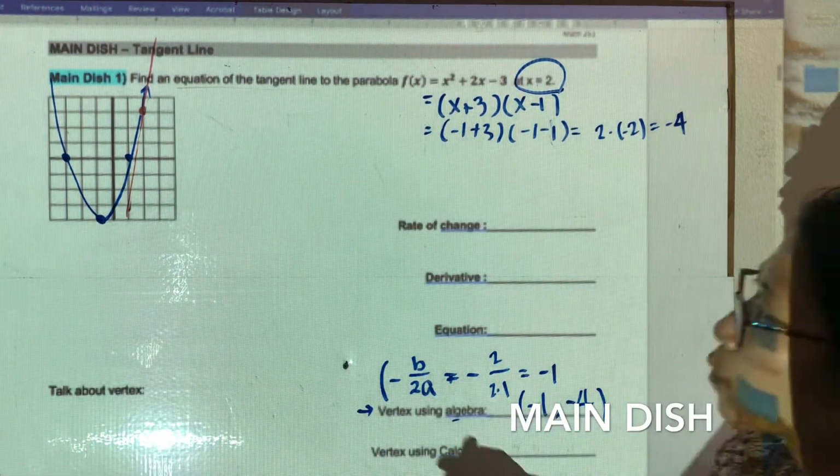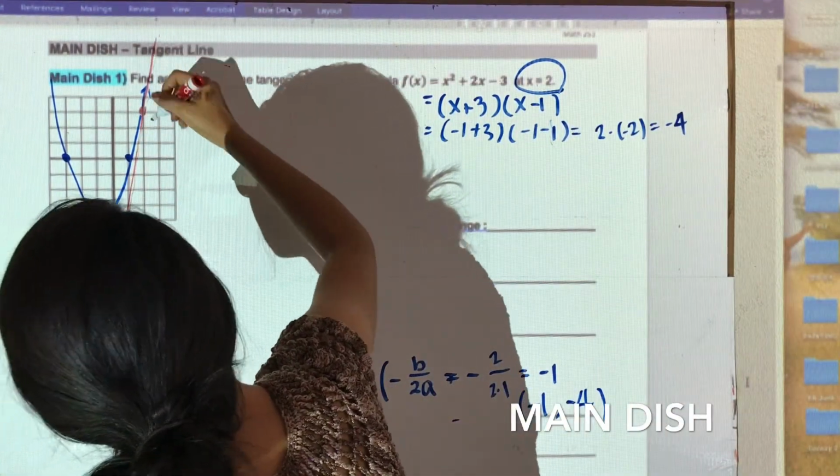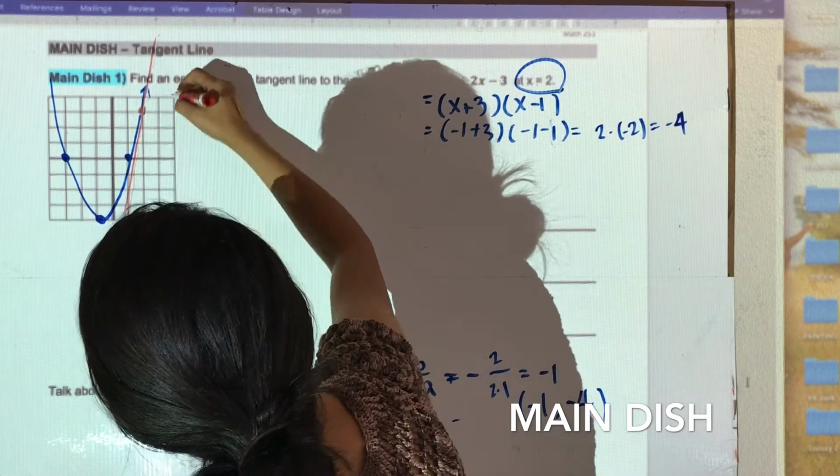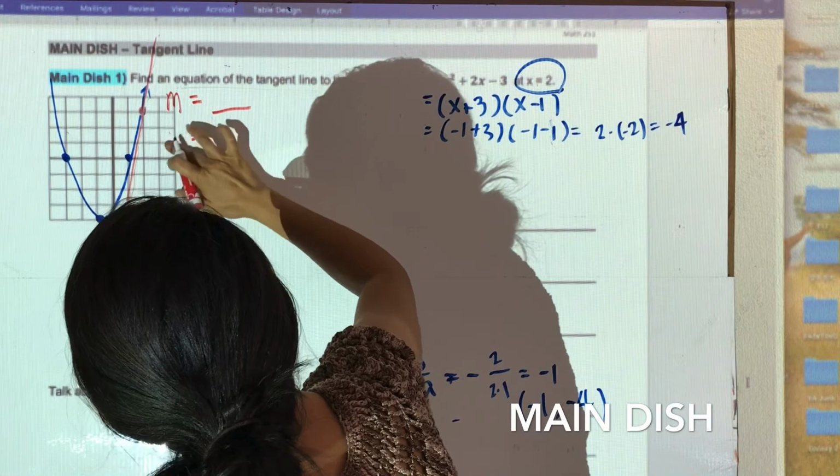Then in order to find this line, we have to find the slope, and then we have to find a point. The point we already found.